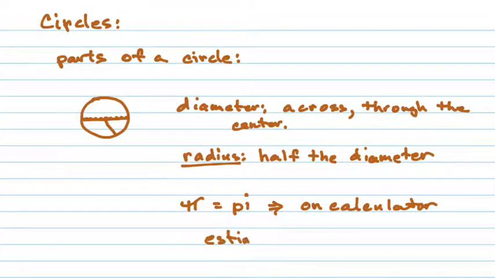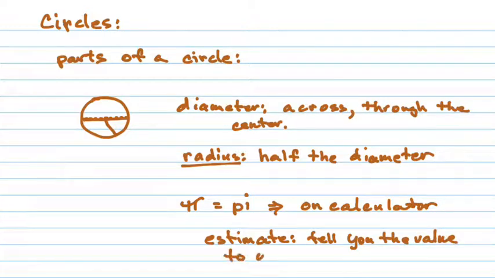If I ask you to estimate, then I will tell you the value to use. When you're estimating or you're told a value to use, you must use that value.